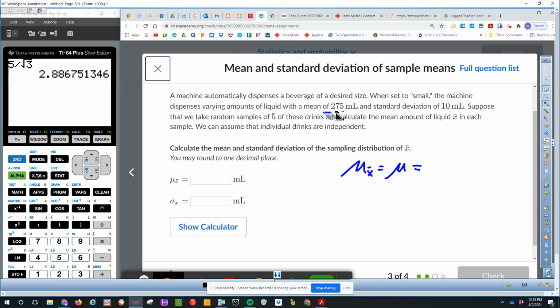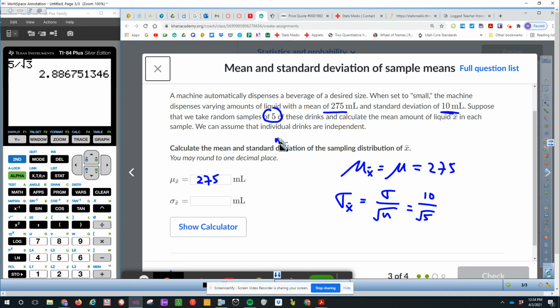Here it's 275, so we know the mean should be 275. But what is the standard deviation of the sampling distribution? It's the same thing. We take the population standard deviation and divide it by root n. The population standard deviation is 10, so 10 divided by root 5, because the sample size n equals 5.